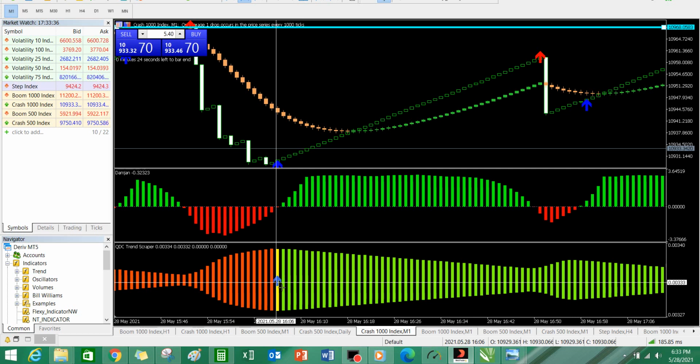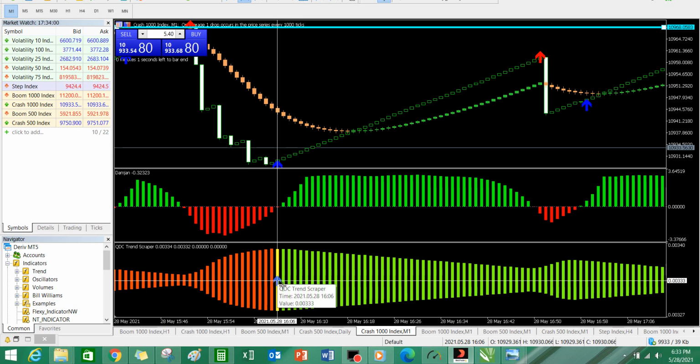Sometimes it will try to go into uptrend, break it, and still readjust the uptrend arrow again. The reason is it is coming from a major downtrend, so it is trying to pull back into uptrend. Things like that happen, so it means that you should be getting ready to trade.